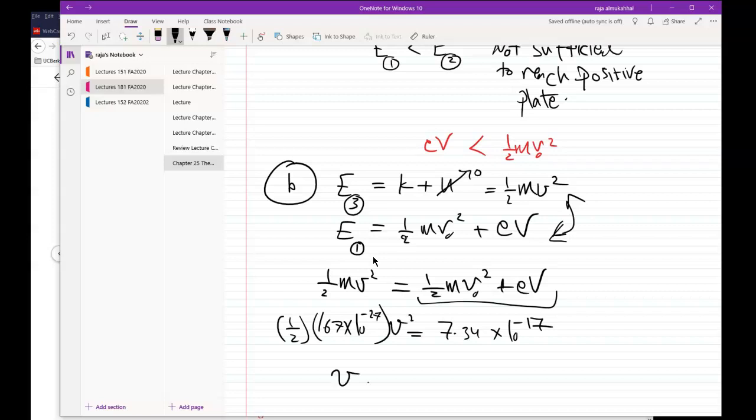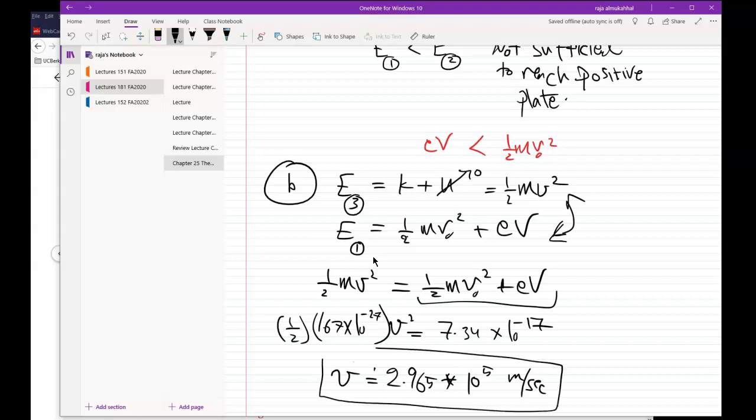And then you work it out. Looking at my notes, my answer is 2.965 times 10 to the power of 5 meters per second. There we go. Okay. Good.